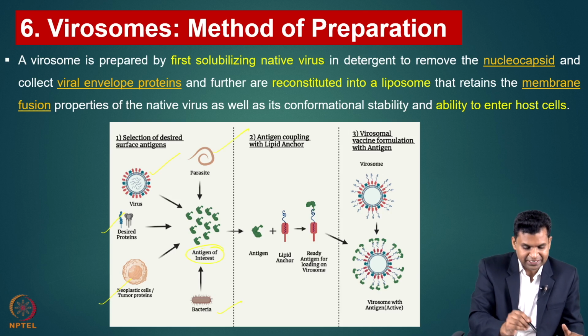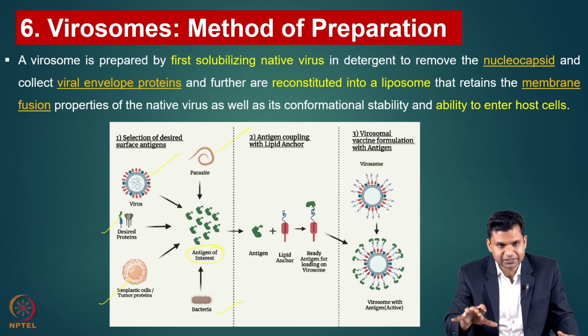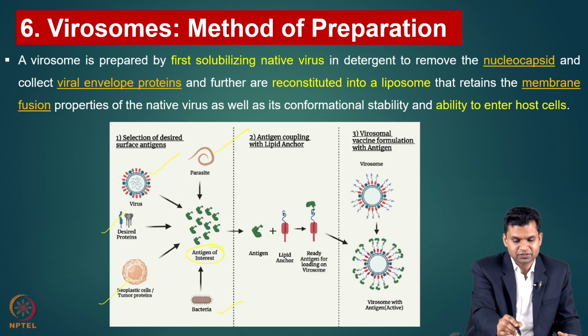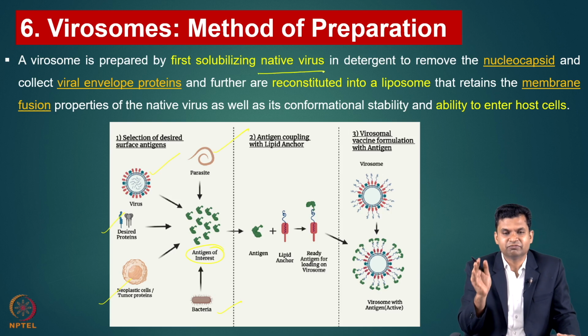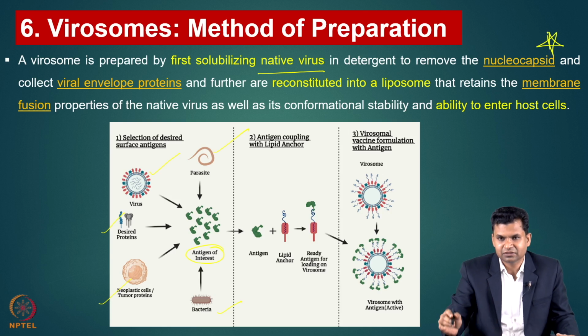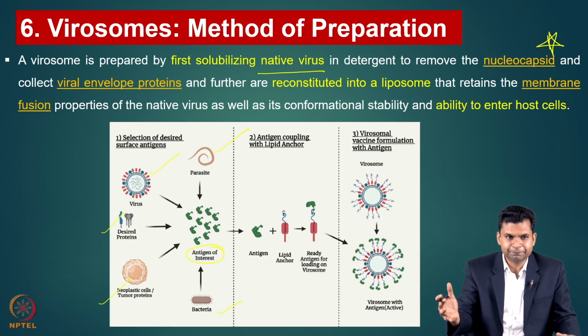So, you need to extract the desired antigen by killing the native microorganism. In this case, we need to kill the virus or remove the nucleocapsid, which is the major thing for the infection.